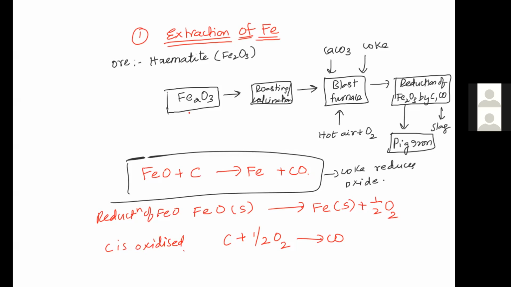When both the reactions take place to yield a reaction, coke is trying to reduce the iron oxide and it itself will be oxidized to CO. In a similar way, reduction of Fe2O3 and Fe3O4 are also going to be discussed here.